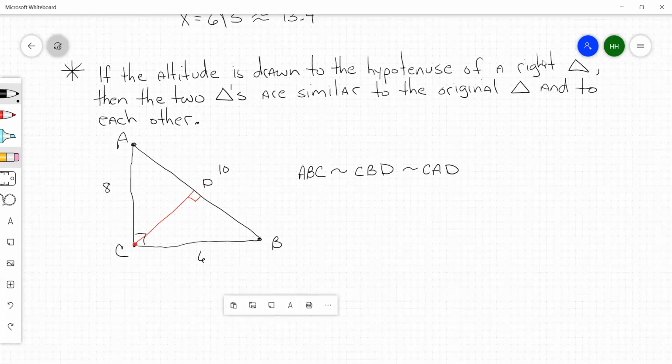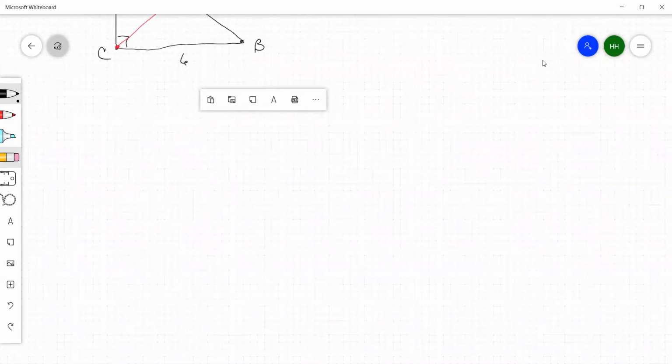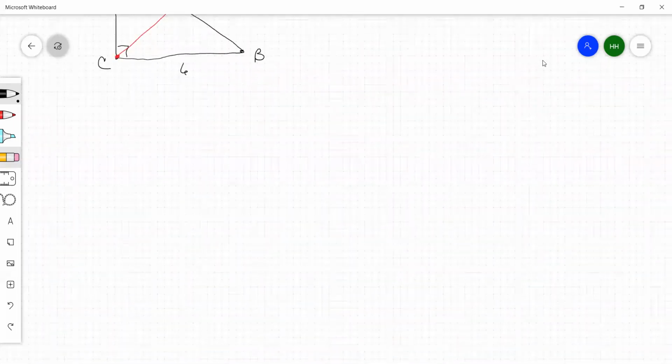All right, so here's the geometric mean theorem. The altitude drawn to the hypotenuse of a right triangle separates the hypotenuse into 2 segments. The length of this altitude is the geometric mean between the lengths of the 2 segments. So look, here's what we got in this picture.